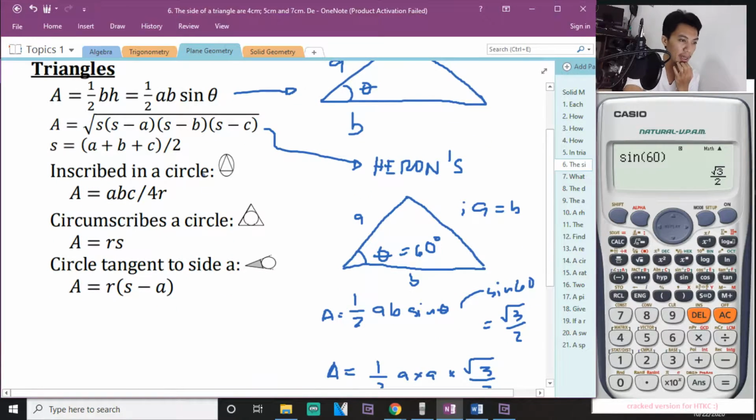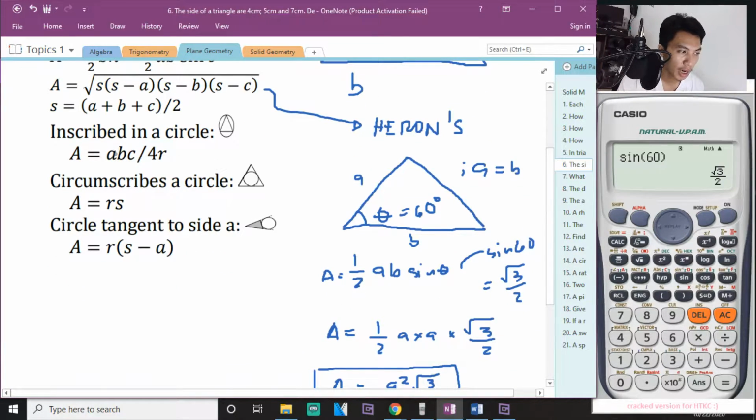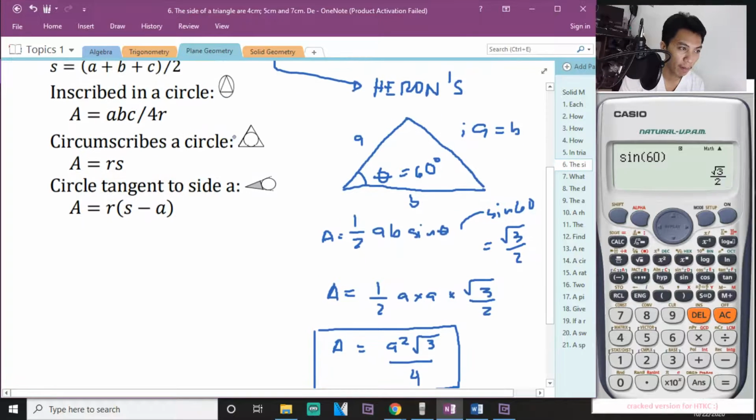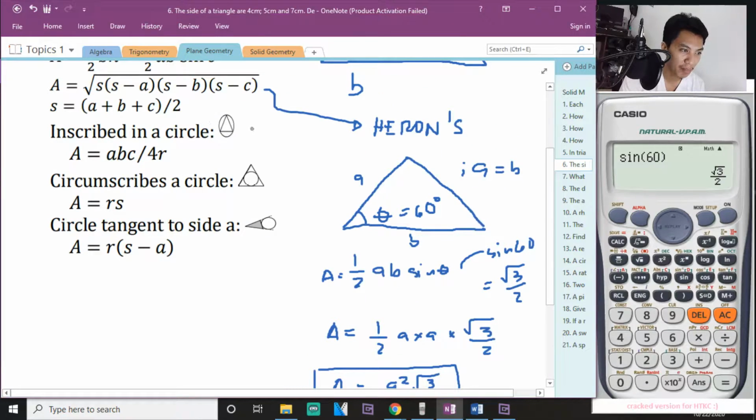Ngayon, paano, sir? Kung ang triangle mo ay inscribed in a circle. Di ba para siyang parang mata ni Sasuke? Ngayon, yung mata ni Sasuke, maraming nakikita yan. Sabi ni Sasuke, kapag inscribed daw, yung triangle inscribed in a circle, nasa loob daw. Para Sharingan.